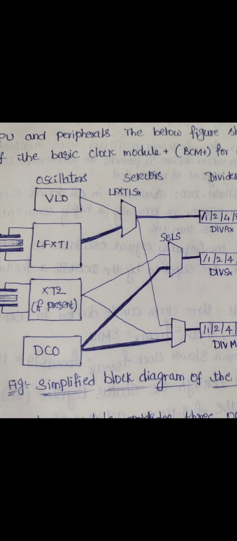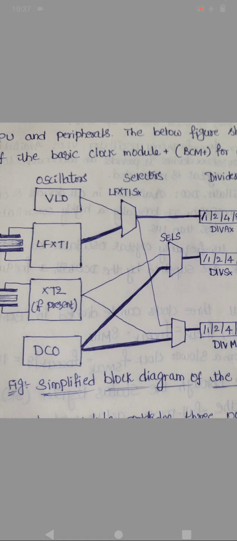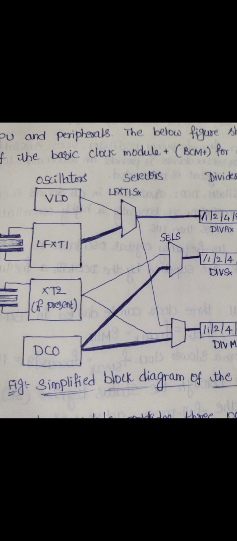It is available in only the most recent devices. Here, with the MSP430F2xx family, it is only available in the most recent versions. It also provides an alternative to LFXT1 when the auxiliary crystal is not needed. We can use this VLO oscillator as an alternative to LFXT1.